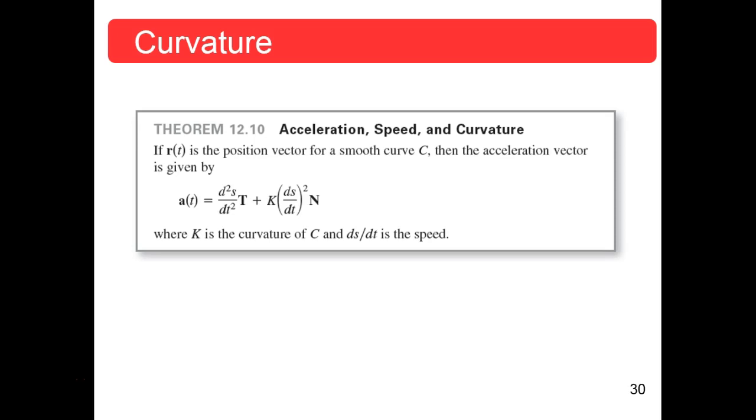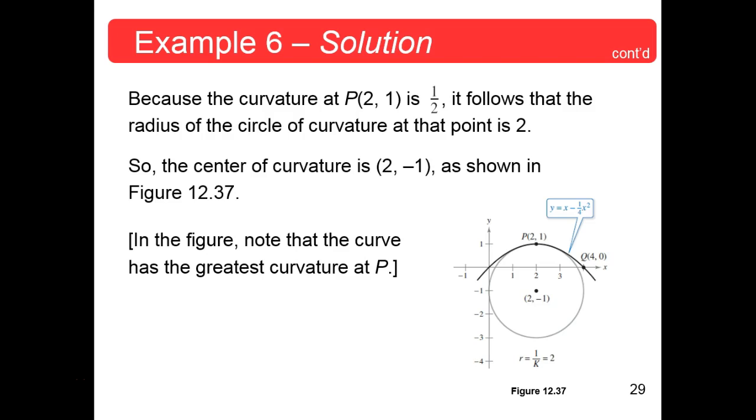Right here in the book, after they say this statement, in this figure it shows the greatest curvature is at P. The next statement in the book says, try showing that the curvature at Q(4, 0), the one I was pointing at, is 1 over 2 to the 5/2 power, which is about 0.177. So that would have been a bit more to do.